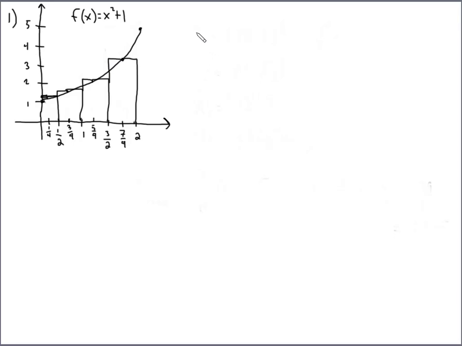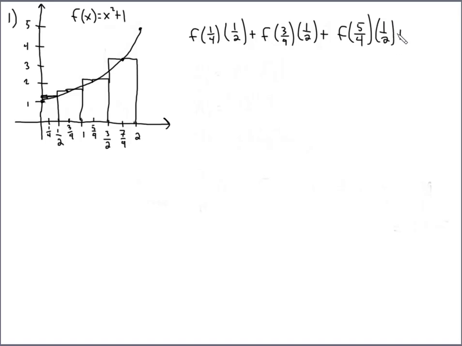Anyway, the idea here is we're just going to plug in all those midpoints. So we get f of 1/4 times 1/2. That's the area 1. I'm just going to go ahead and write all of them. Then f of 3/4 times 1/2. And then the next one, f of 5/4 times 1/2.